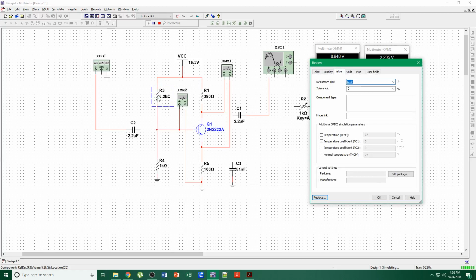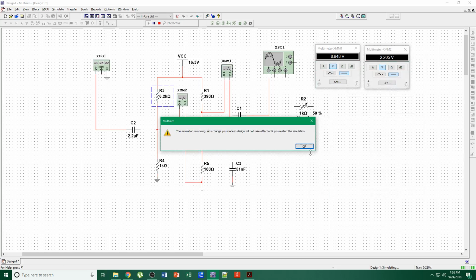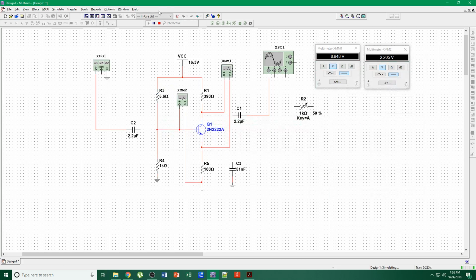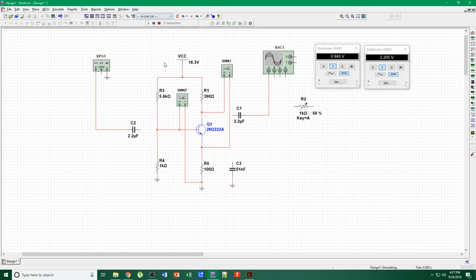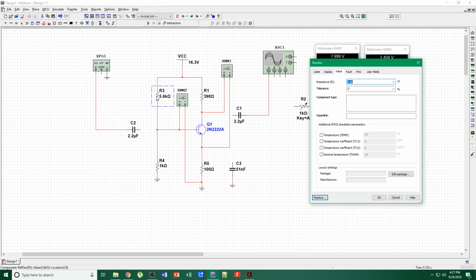So I'm going to move this to 5.6K and see what my voltage is now. 8 volts flat. 2.4 is too high.